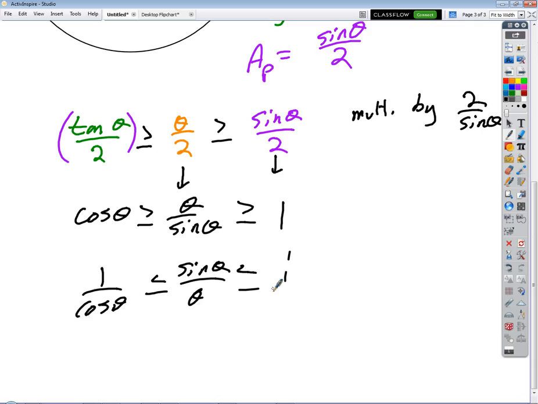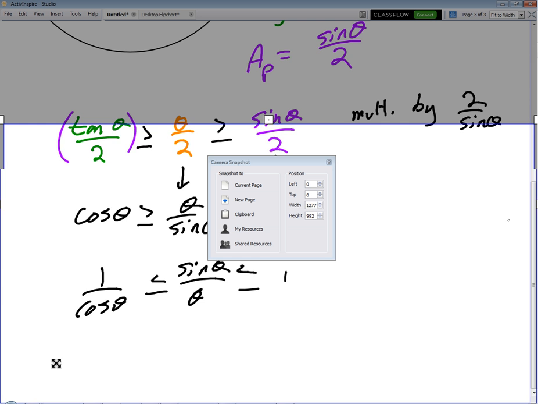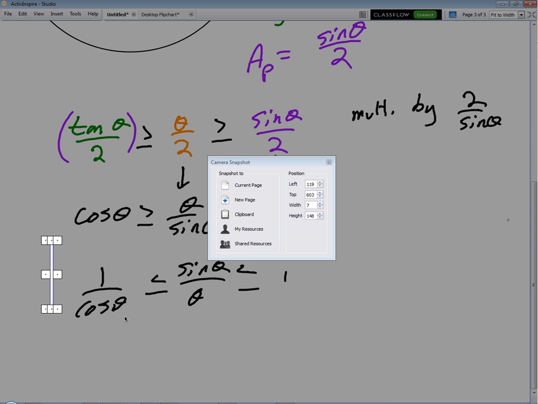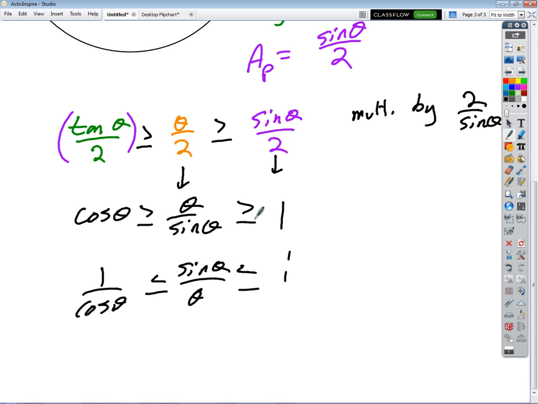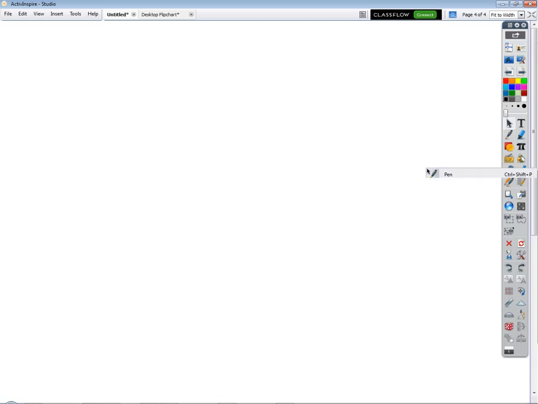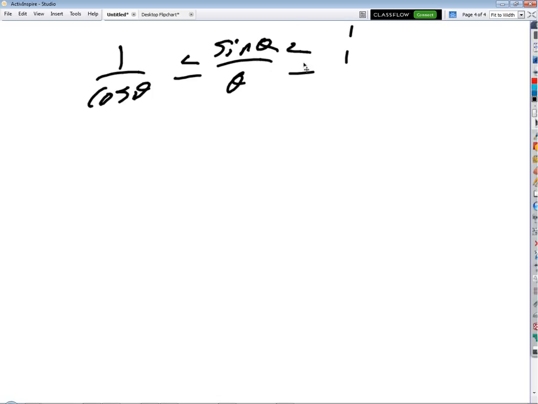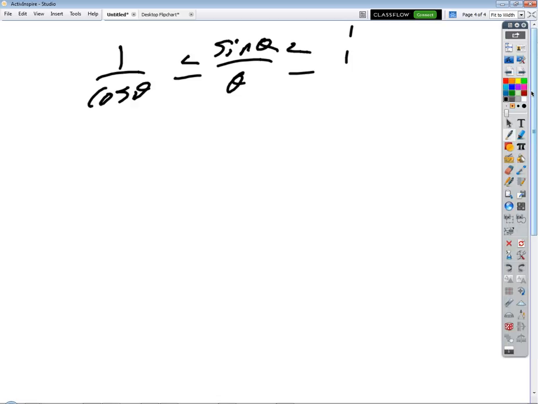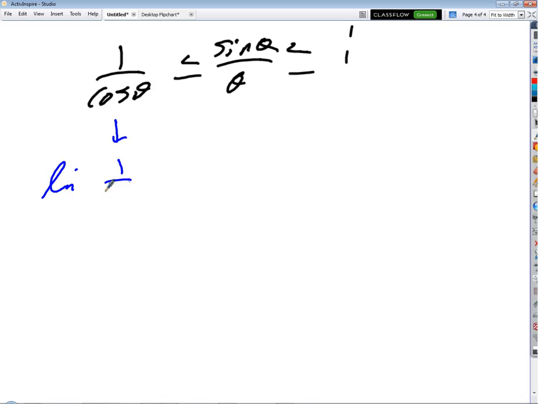Okay, so I'm not going to write this down because we're running out of time, but I'm going to take the limit of all parts of this. So I therefore get, because the limit of 1 over cosine theta as theta approaches 0 is 1, right?